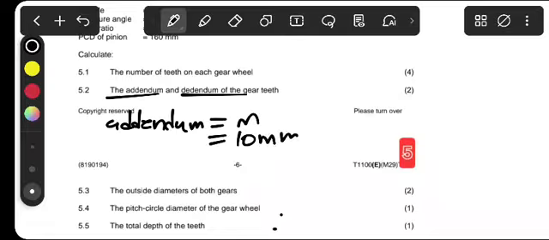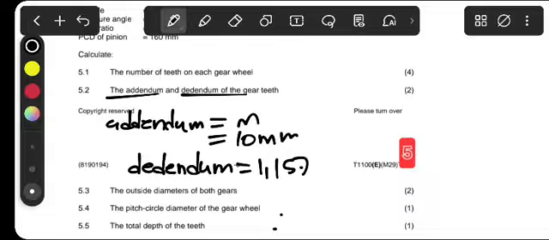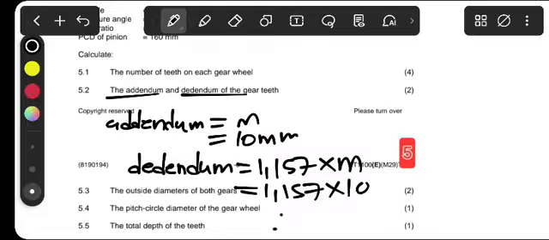Then the dedendum is 1.157 multiplied by the modulus always, 1.157 multiplied by the modulus, which is 10.